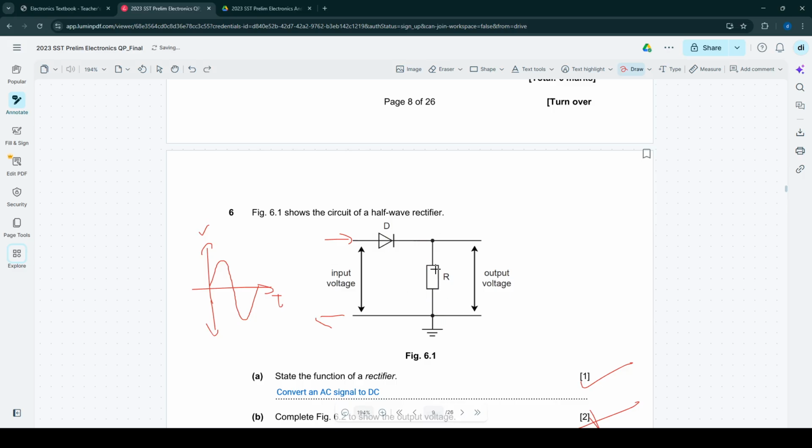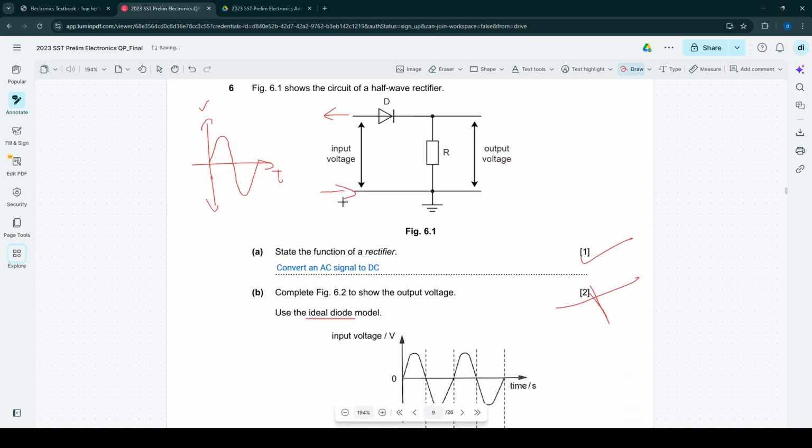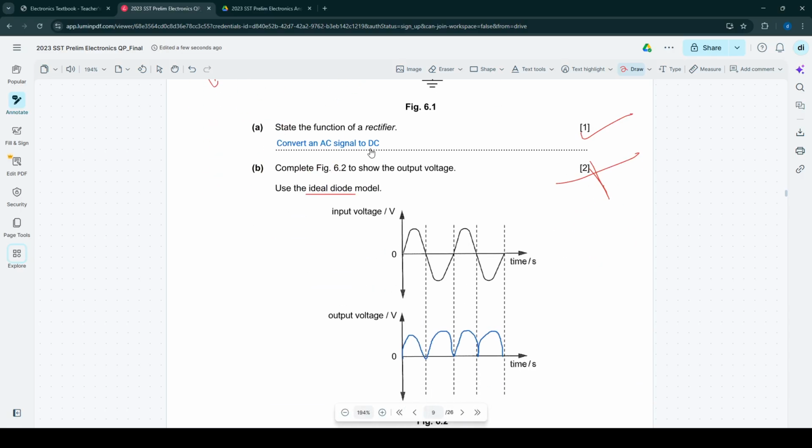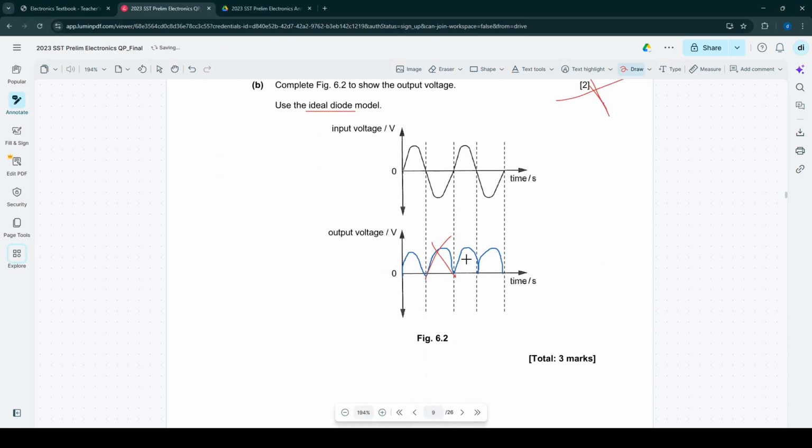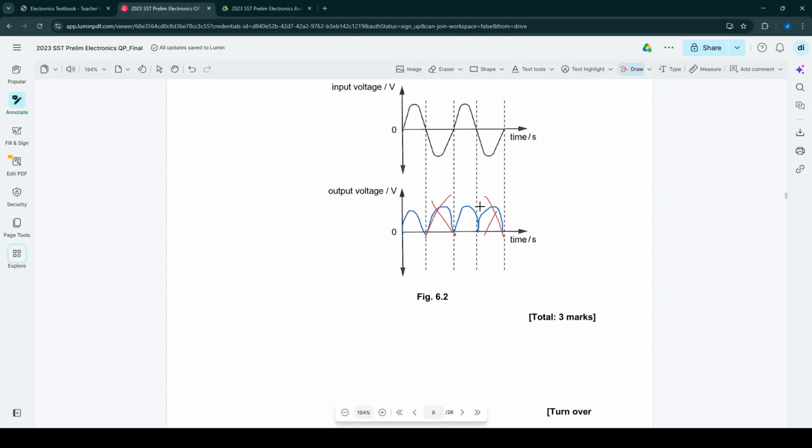But if it's negative, okay, this software is actually bad, I can't use this anymore. If it goes this way, it can't go here, so there will be no output. I go into further depth in my half-wave rectifier video. But basically, there wouldn't be a waveform when the input voltage is negative. So this is wrong.